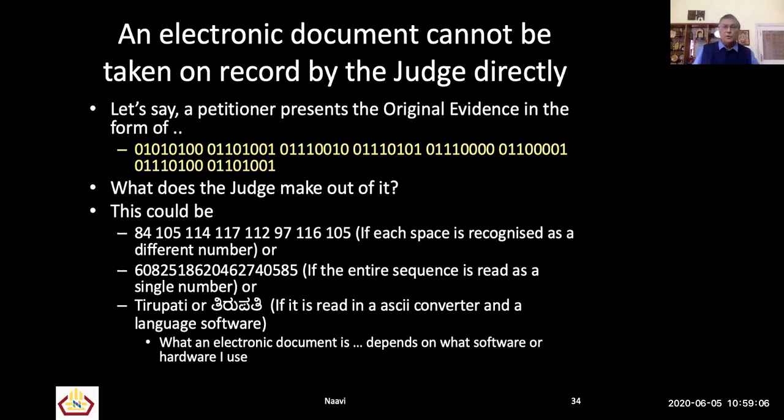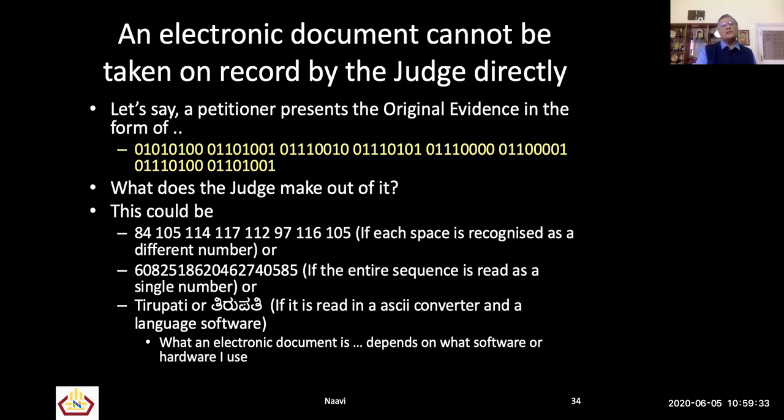Even if you put the memory card directly into the computer, what you are seeing on the screen is a rendition of the zeros and ones by the computer which you are using. If your computer is not equipped with certain things which are required to read this document, it may fail to read it. That is why every electronic document is relative to the process under which it was observed and by the person who has observed.